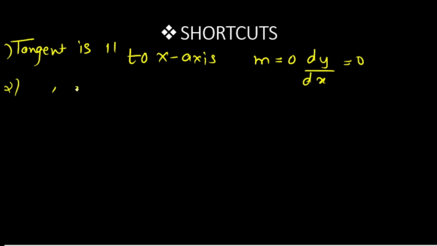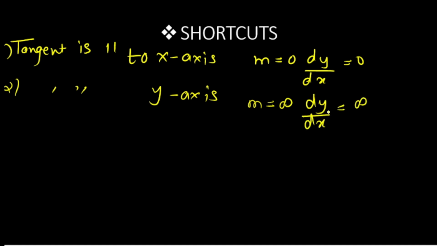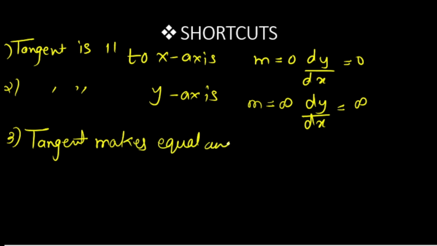Tangent is parallel to the y-axis: slope is equivalent to infinity, dy by dx is equivalent to infinity. Tangent makes an equal angle with the axes: the slope is m equal to plus minus 1.